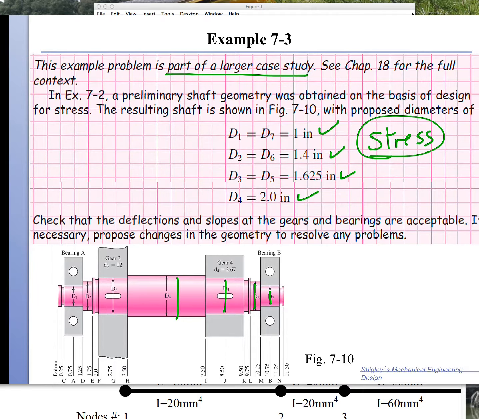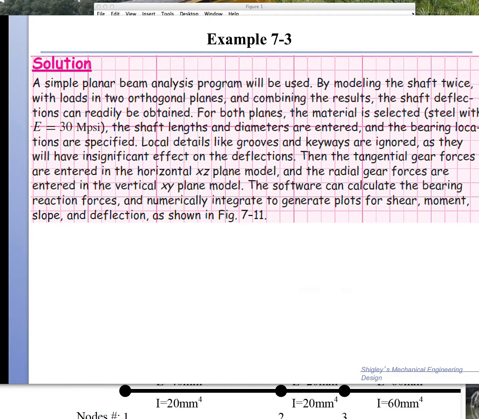So how are we going to calculate the deflections? Well, we have seen deflection calculations in chapter 3, and we now have to model the shaft twice, because the shaft, as you can see here, will have transverse forces and radial forces at the points where the gears are, and it's supported on both ends.